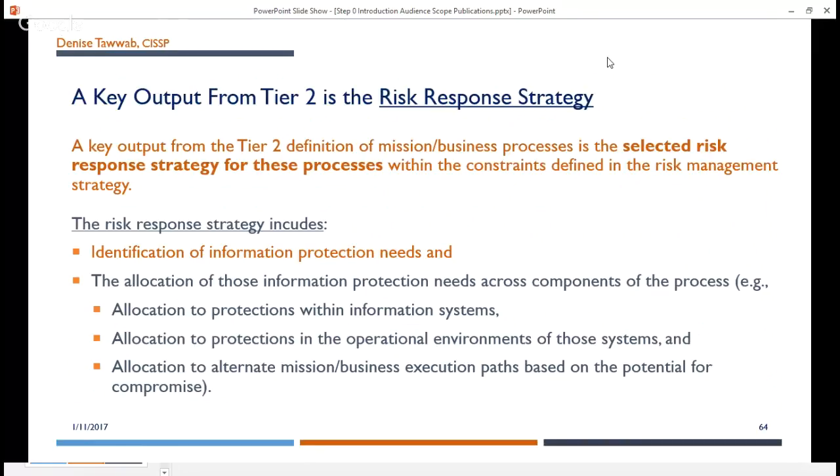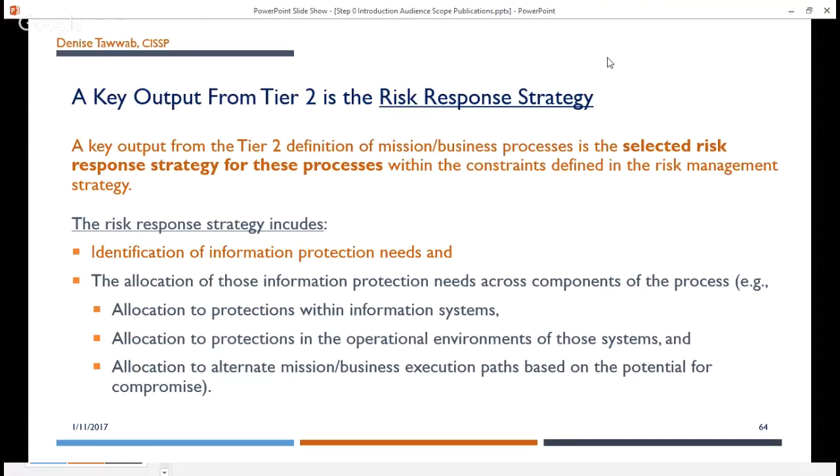This is the selected risk response strategy for business processes within the constraints defined in the risk management strategy. So the risk response strategy will include an identification of information protection needs and the allocation of those information protection needs across components of the process.